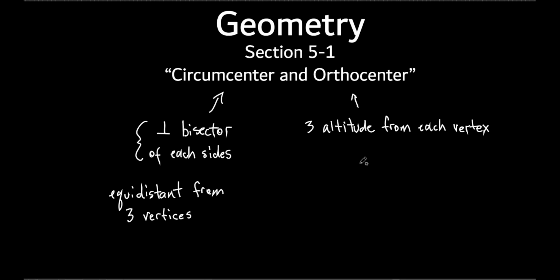But that's going to happen to all five of these things that we're going to talk about. They all will intersect each other, but there's something else that's a little bit more special than that. You could say that if it was a right triangle, it lies right on the right angle, but really that's not even that super special. So we'll just say that there's really nothing that special about the orthocenter.